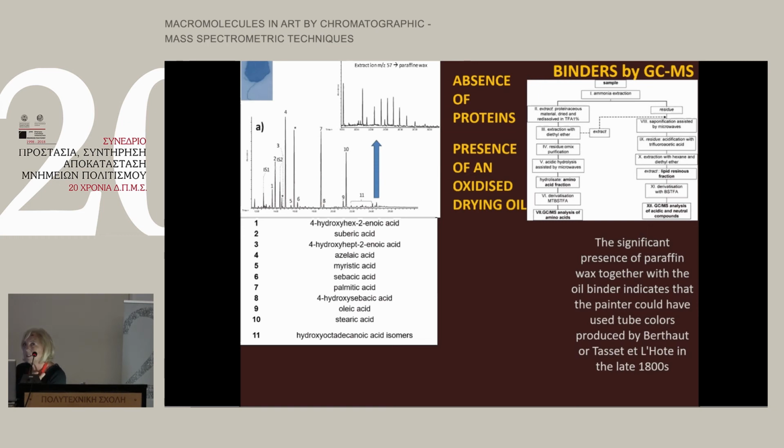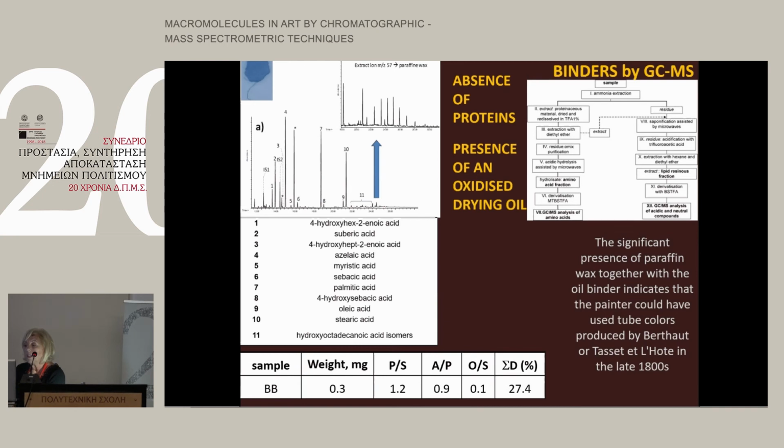I began to have some doubts about the authenticity of the painting, even though the analysis of the binder showed us an absence of proteins, but the presence of a very oxidized drying oil, which seems to be linseed oil.